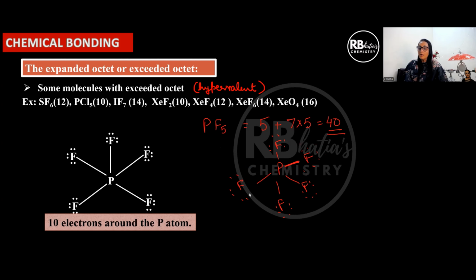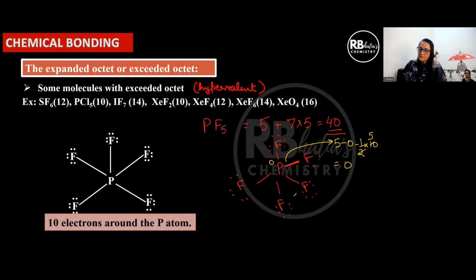Clear? And now let us look for formal charges. Let us say I want to find out the formal charge on the central phosphorus. How do I do it? Valence electrons 5. What are the number of non-bonded electrons? 0. And bonded are how many? 5 bonds means 10 electrons. So what is the formal charge on phosphorus? 0.